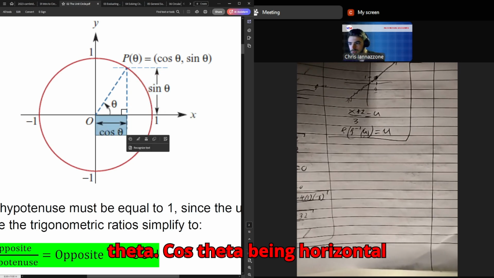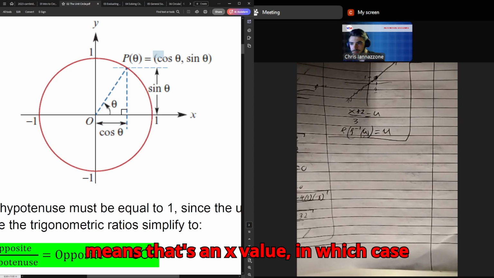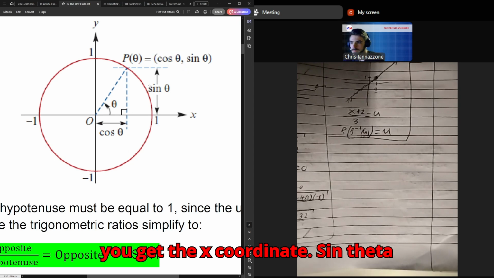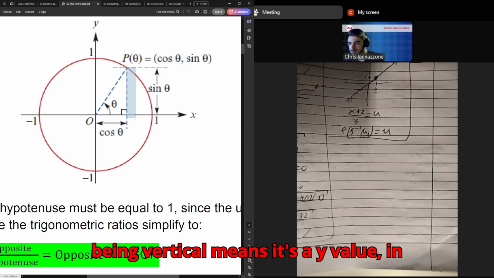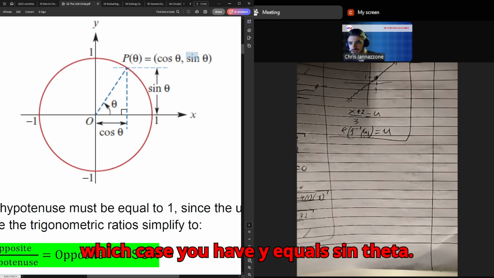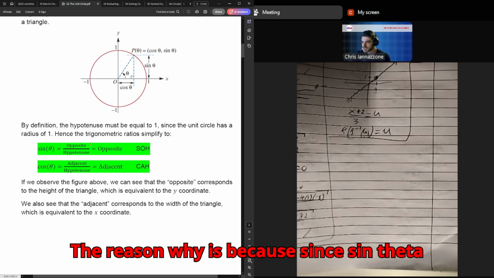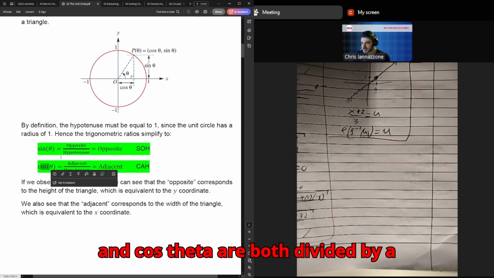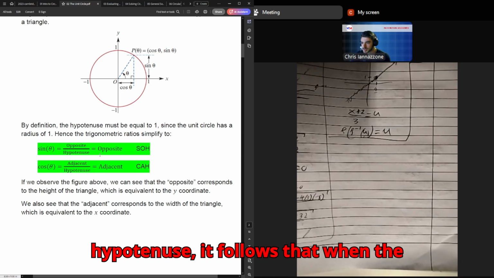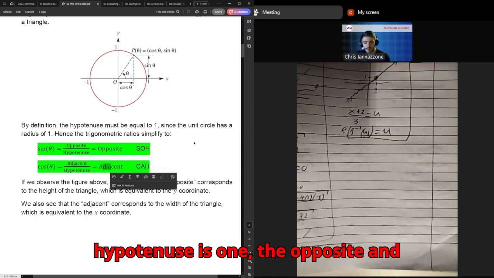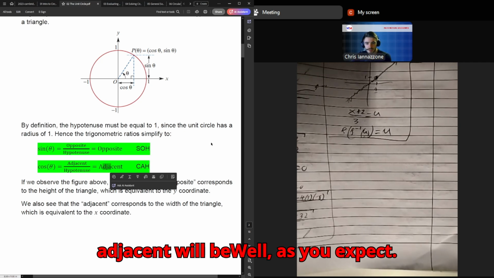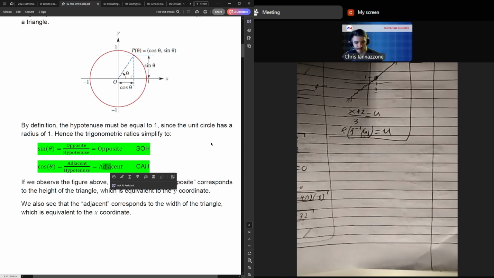Cos theta being horizontal means that's an x value, in which case you get the x coordinate. Sine theta being vertical means it's a y value, in which case you have y equals sine theta. The reason why is because since sine theta and cos theta are both divided by a hypotenuse, it follows that when the hypotenuse is 1, the opposite and adjacent will be, well, as you expect. One moment.